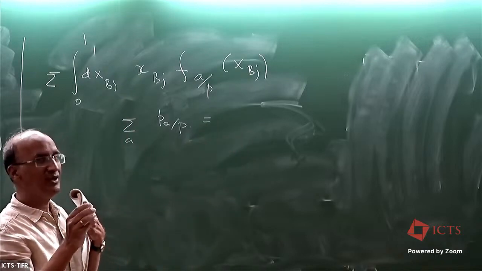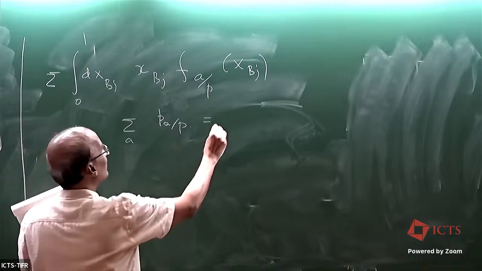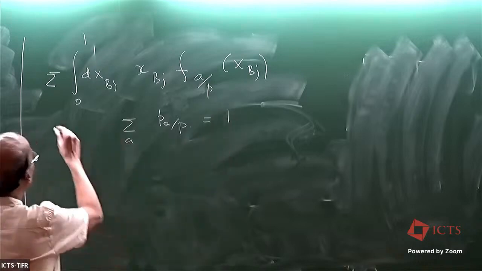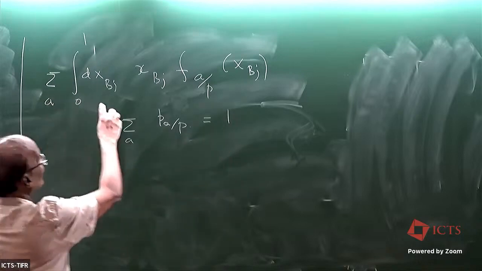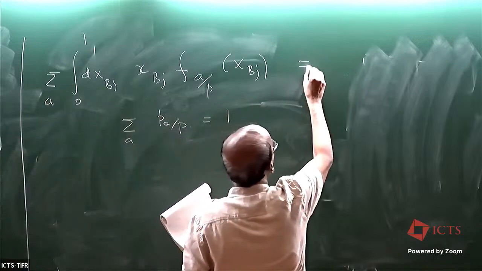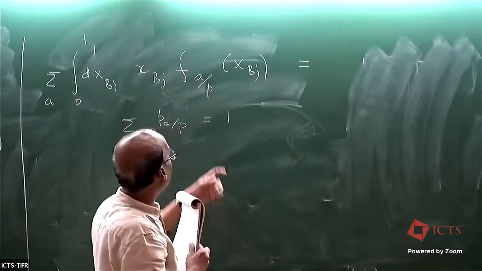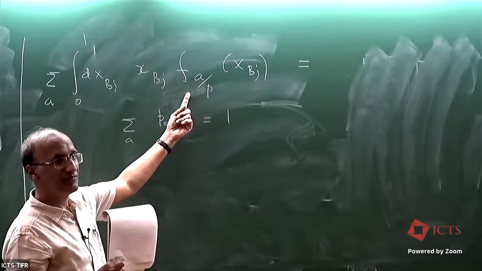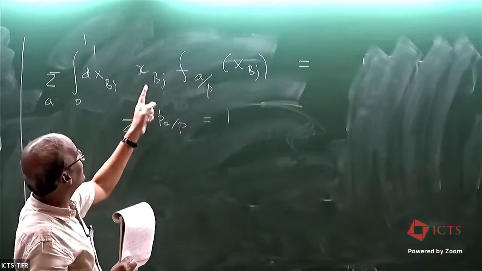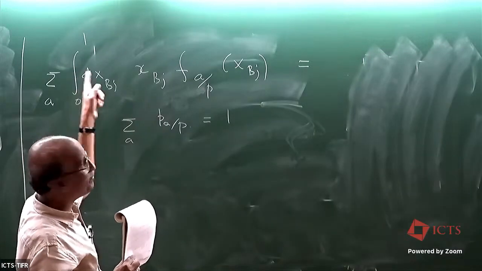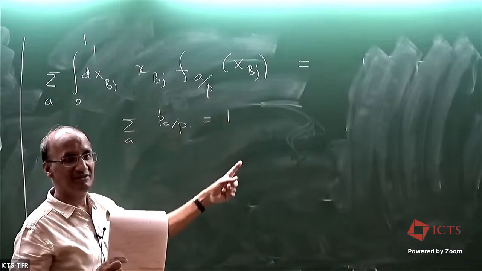Sorry? 1, conservation of momentum. So if I sum over A here, what should I get actually? This is the probabilities, this is the momentum. So I just put capital P, multiply by capital P, you get back this.